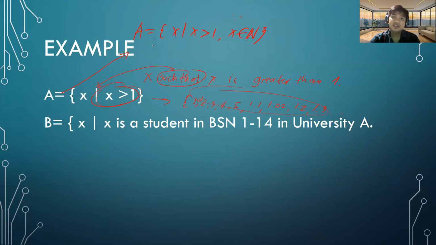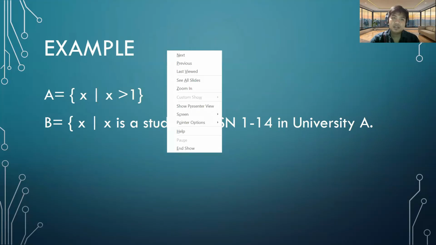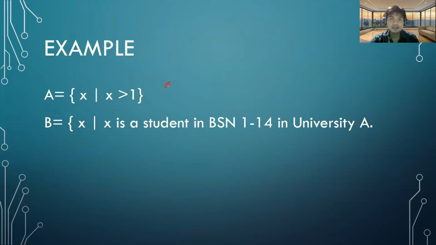So as you can see, if you're going to list all the elements, na-erase lahat. So for example, dagdagan natin to ng where x is element of natural numbers. If you are going to list all the elements here in A, so we have 2, mag-start ka sa 2 kasi wala namang equals sign yan. 2, 3, 4, 5, and so on. So, yan yung kanyang counterpart sa listing method.